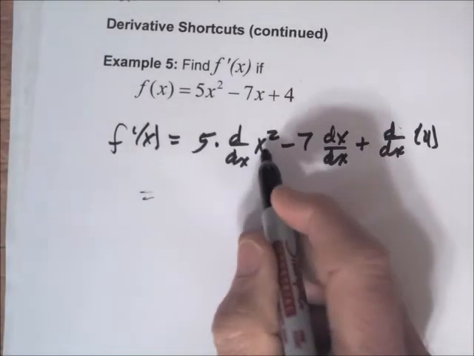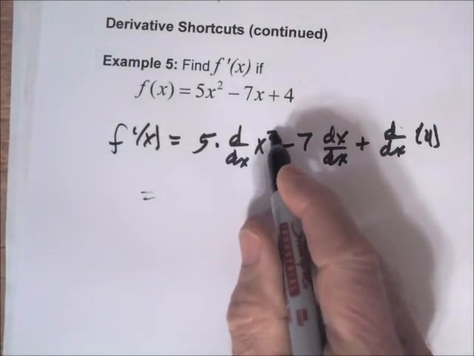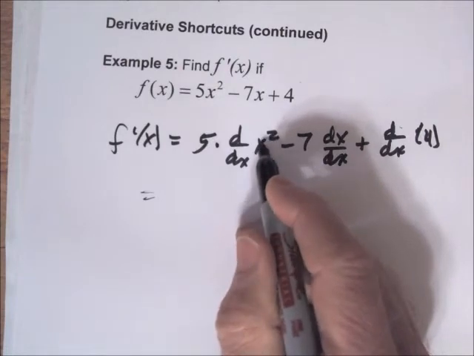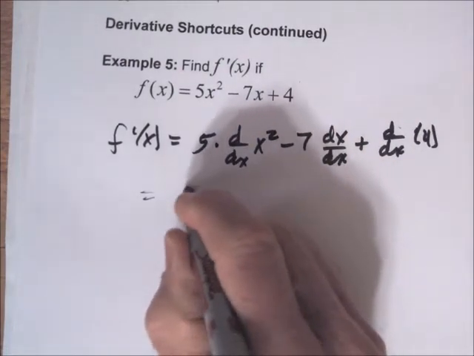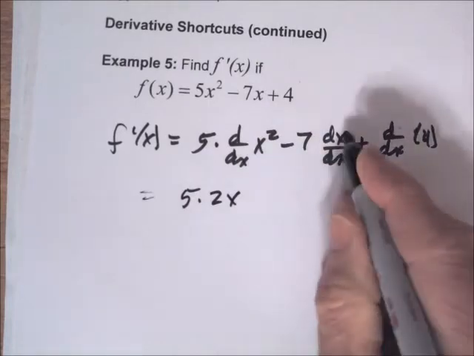So then we can use the power rule. The derivative of x squared is 2 times x to the first power. So this is going to be 5 times 2x.